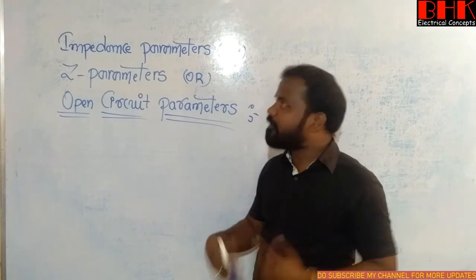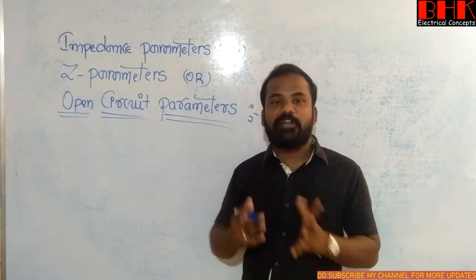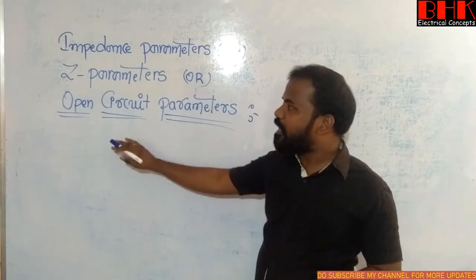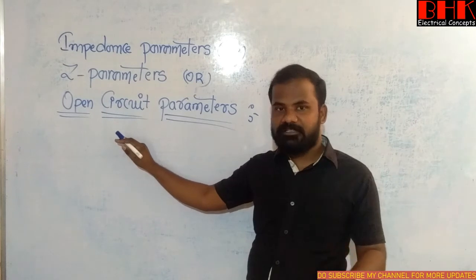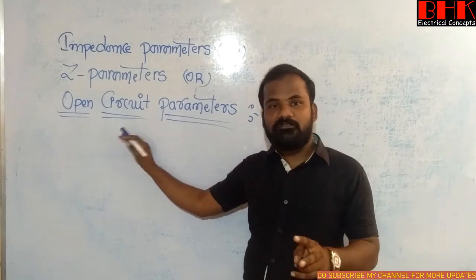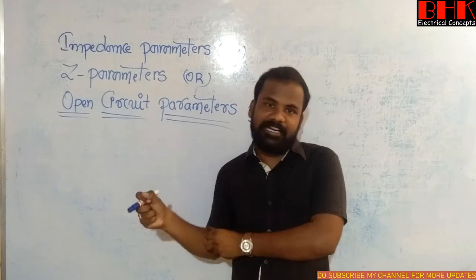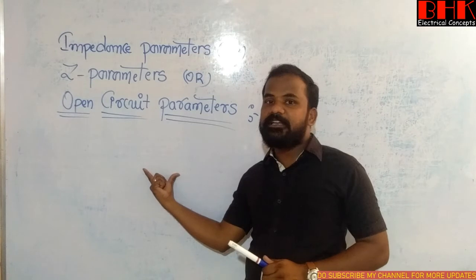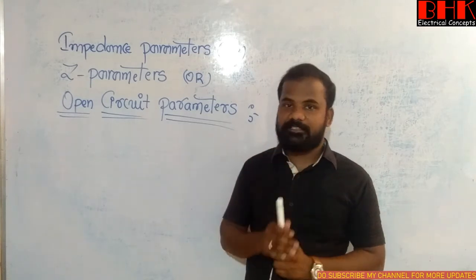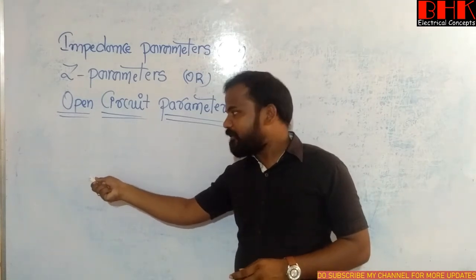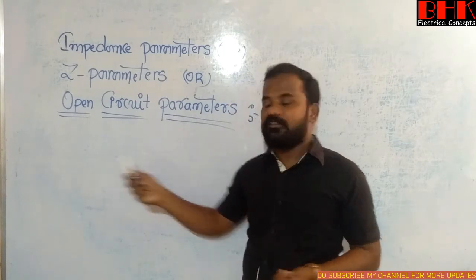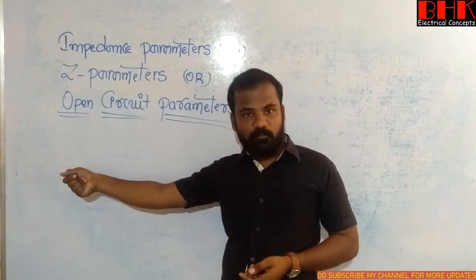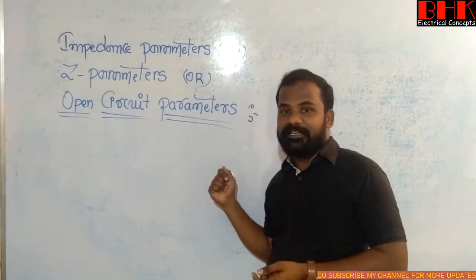Clear? So how is it possible? How are we going to find the unknown values of impedance parameters from the two port networks? We have two standard equations, and these standard equations are always voltages in terms of currents. We are talking about two ports, so definitely we have two individual voltages. V1 is the voltage from port 1, V2 is the voltage from port 2, I1 is the current from port 1, and I2 is the current in port 2.